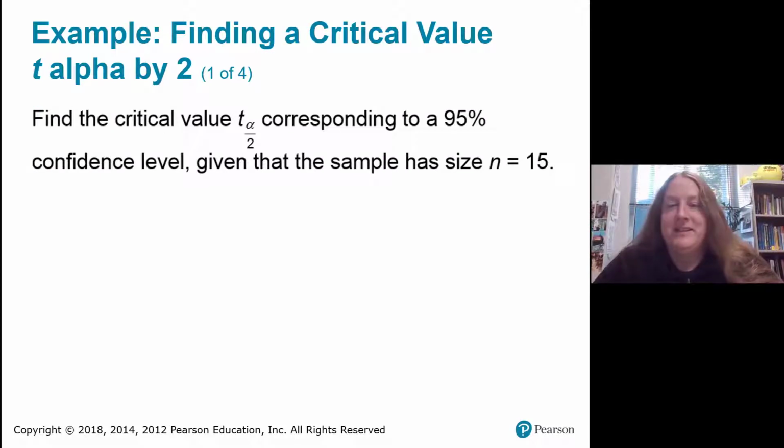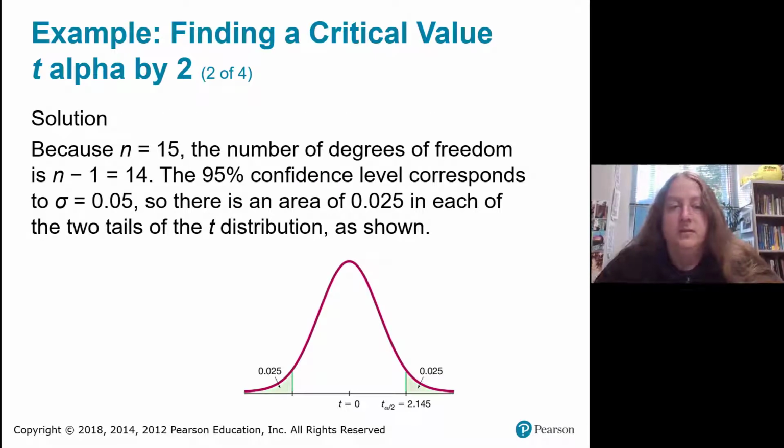All right, let's take a look at an example. We're going to find the critical value t sub alpha divided by 2 corresponding to a 95% confidence interval, given that the sample has n equals 15 elements in it. Since n equals 15, we're going to use the degrees of freedom of n minus 1, so 15 minus 1, which is 14.